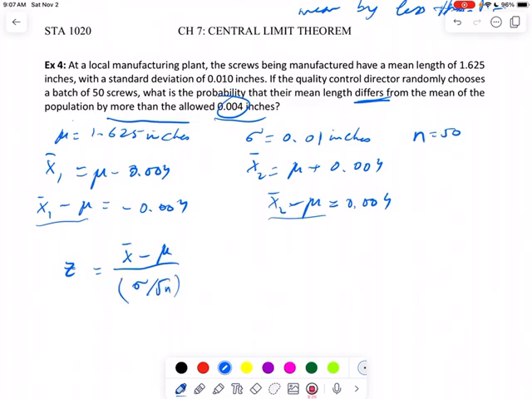My x1 bar minus mu gives me the negative of this value, and the x2 bar minus mu gives me the positive of that value. So from these two equations, what we are getting is that x bar minus mu is going to be plus or minus 0.004. Do you get that?